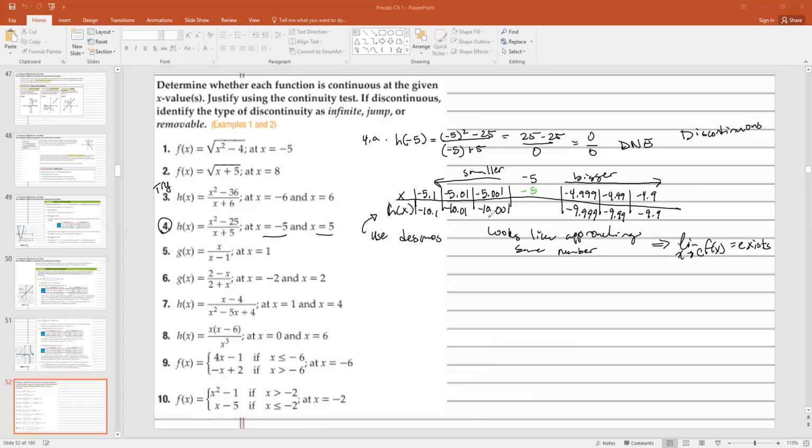Okay, if they were approaching totally different numbers, like say this is approaching -10 and this one is approaching +10, they're totally different numbers, then it does not exist. But here it does. And this one, it does not exist if we plug that in.